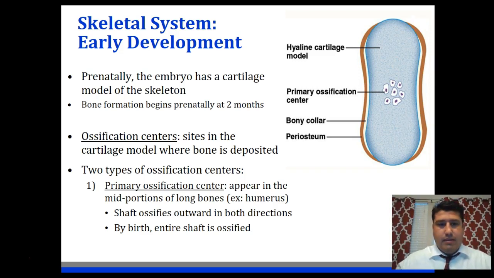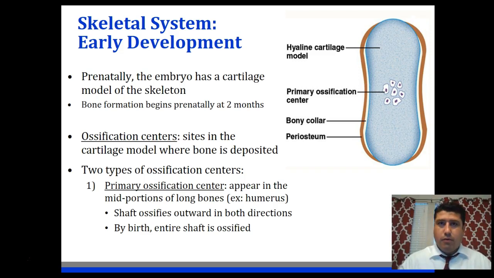So in the skeletal system, the cells differentiate into the cartilaginous tissue, or the cartilaginous model that eventually will become the skeletal system. Okay, so we start off as cartilage, and in fact, there's still lots of cartilage even after birth. Bone formation starts about 2 months after conception.